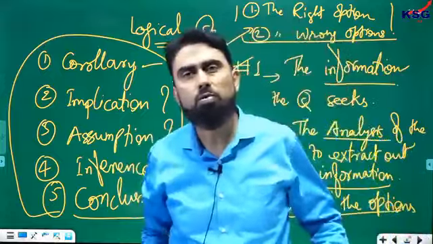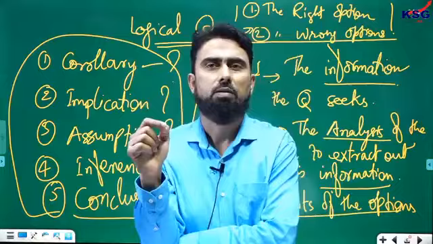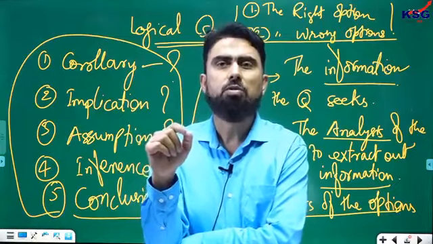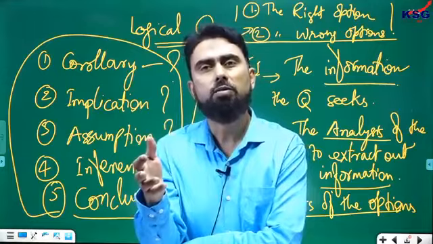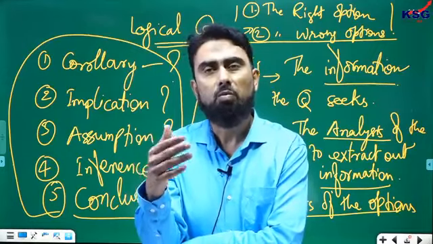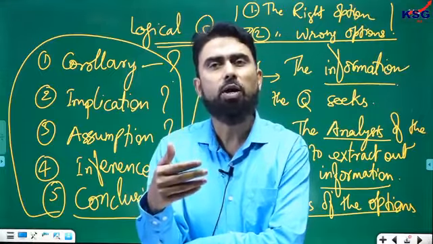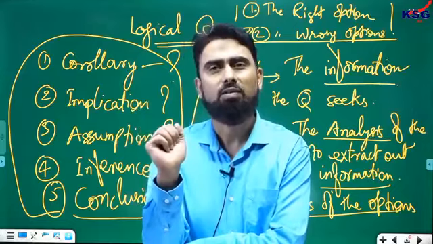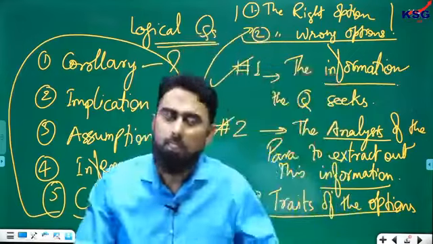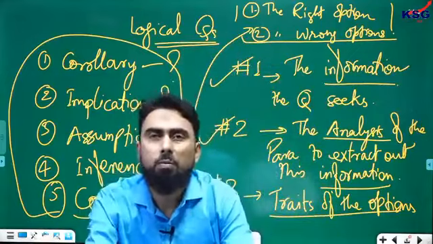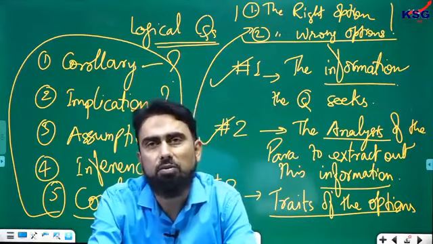Of course, the right option will be based on the author's main point, whereas the wrong options may be based on the author's other points given in the para, however not the main point, or based on any such point that is not mentioned in the para at all. So the wrong options will be either based on the secondary points, not the main point, or maybe based on any such point that is not given any place in the passage itself.